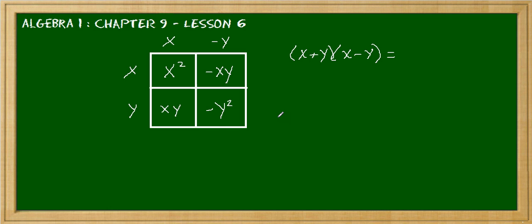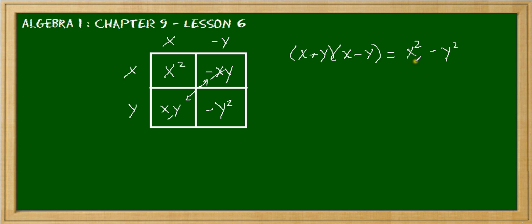One's going to be positive and one negative, which means they cancel out. So we have x minus y and x plus y, and by canceling these out we are simply dealing with x squared minus y squared.